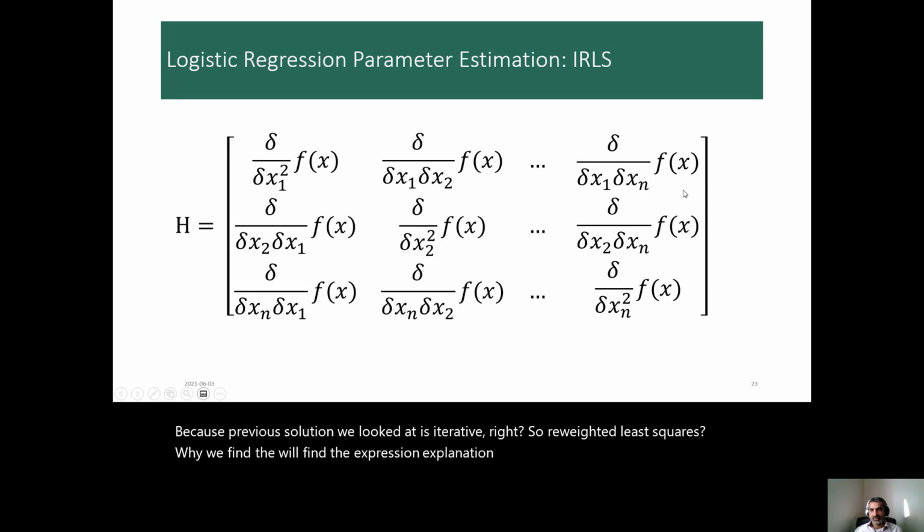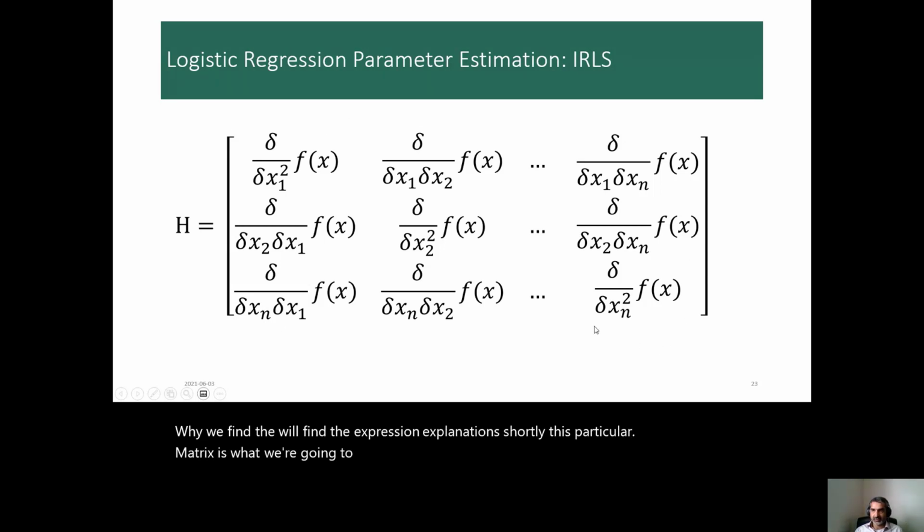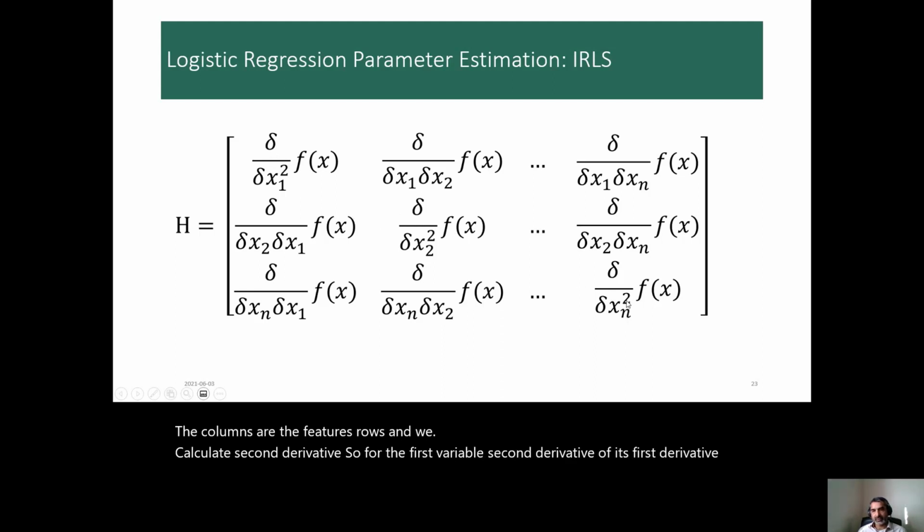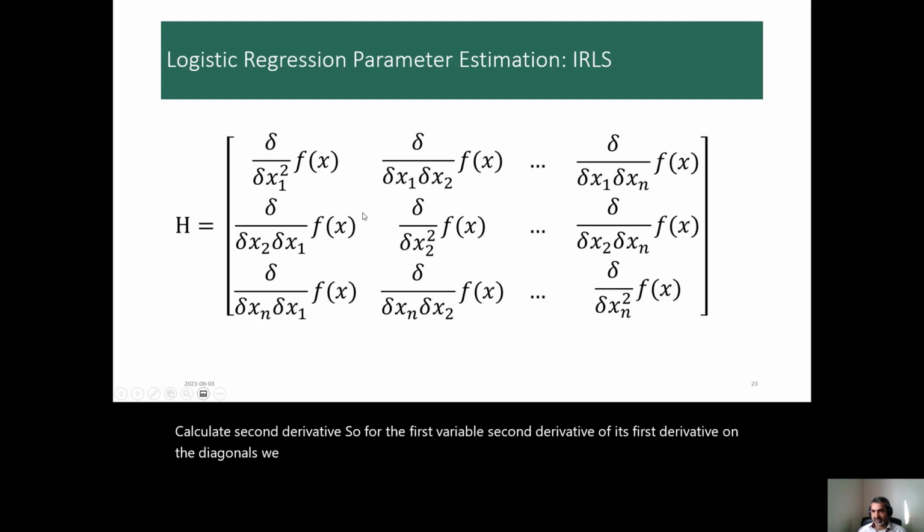This particular matrix is what we are going to do extra compared to gradient descent. The same design matrix, where the columns are the features and the rows are the examples, and we calculate the second derivative. So for the first variable, the second derivative of its first derivative. On the diagonals, we have the self second derivatives.